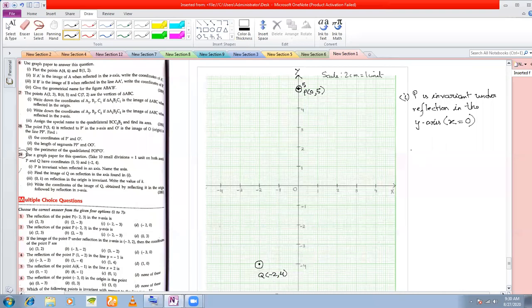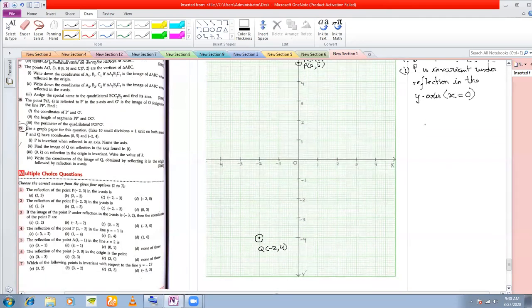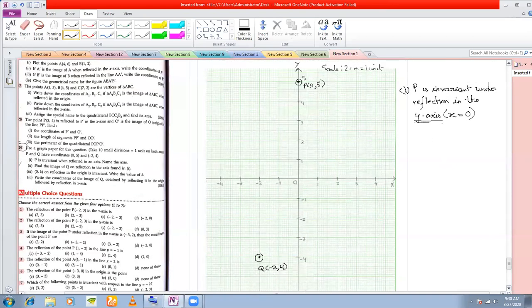Next question. Find the image of Q on reflection in the axis found in 1. So you need to find the image of Q under reflection in the axis found in 1. And in 1 we have found the y-axis. So we will find the image of Q under reflection in the y-axis. We'll drop a perpendicular from here. This distance is 2 units, so we will take 2 units here also.